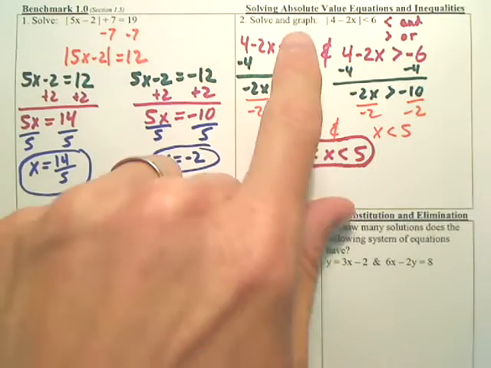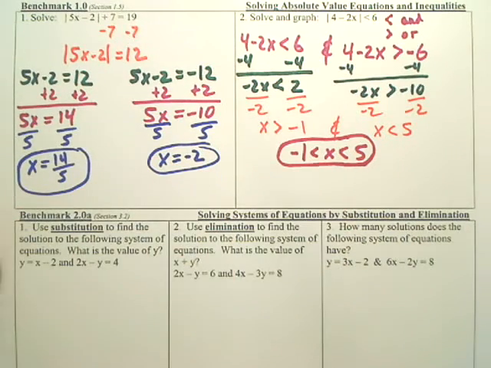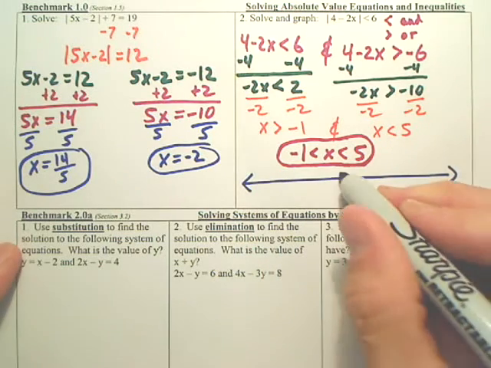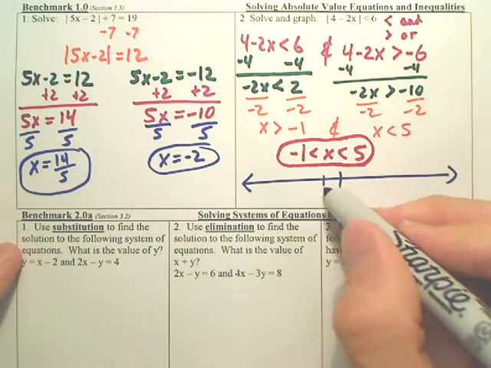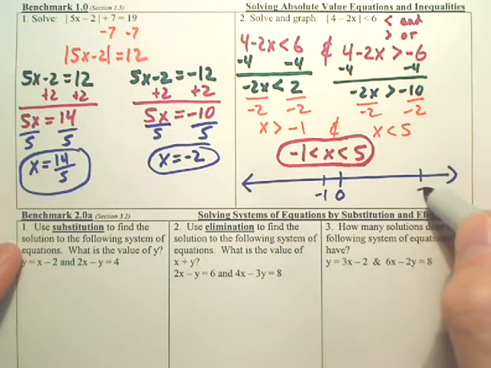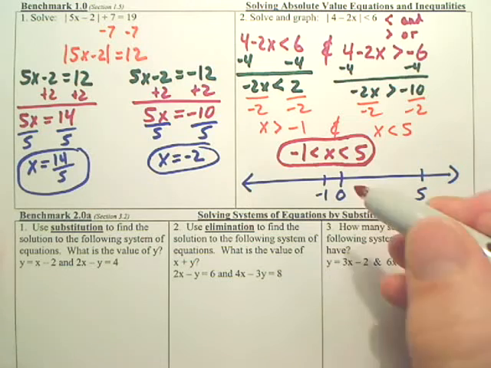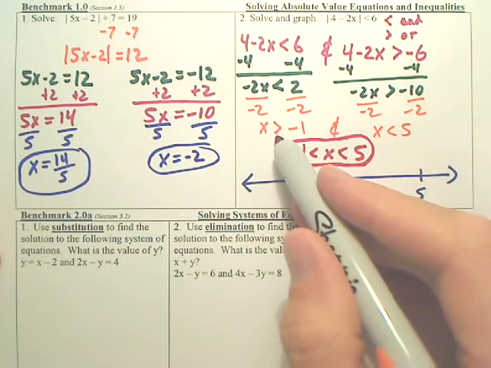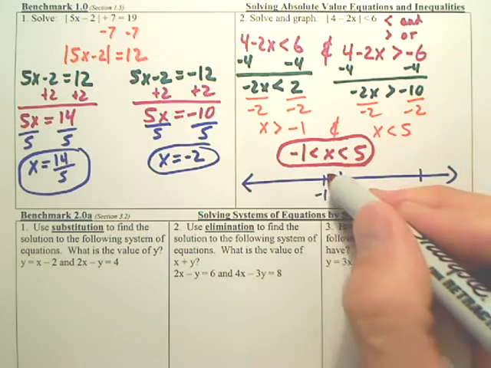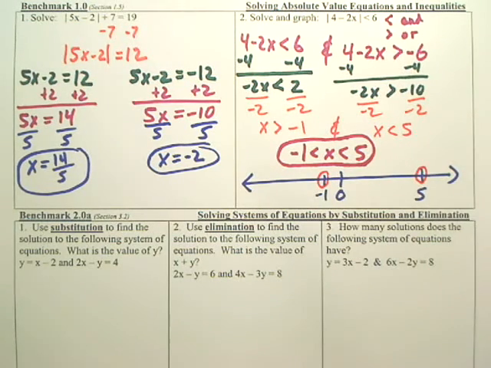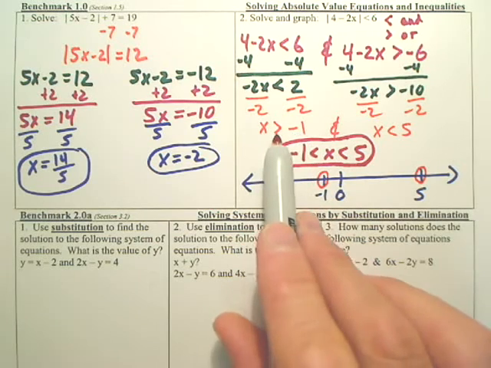We also have to graph it according to the directions. We have negative 1. We have 5. Open or closed? Because it's just less than and greater than, not or equal to, they're open circles. Make sure it's obvious they're open. Does this say greater than negative 1?